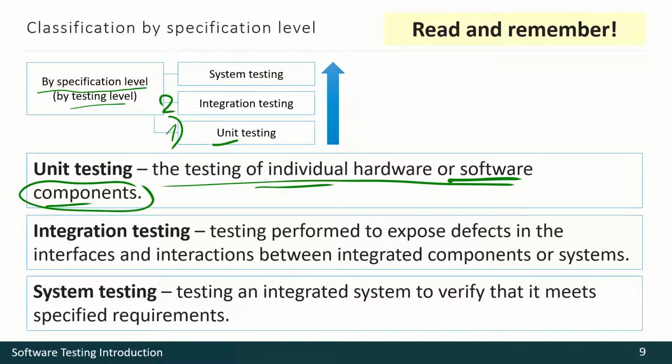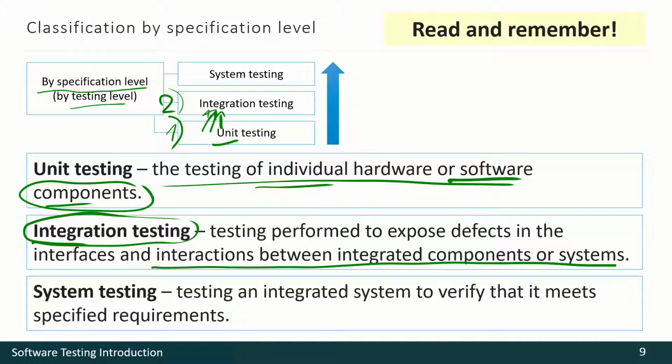Then we somehow integrate several units into one bigger subsystem, and integration testing comes to the stage. Here the idea is to test interaction between some modules, between some units, some components. So we combine something little into something big, and we see how it works.